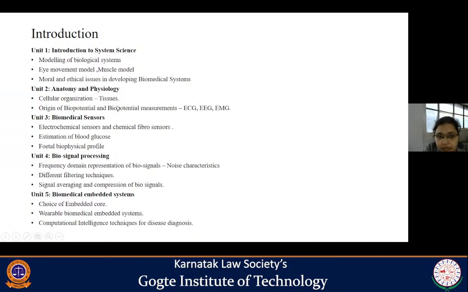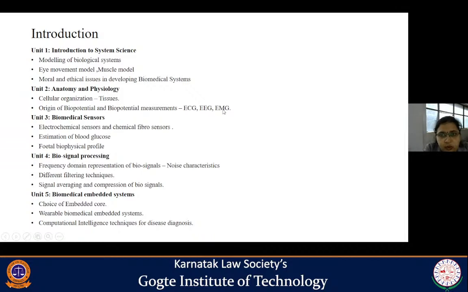Here different biopotential measurement techniques like ECG, EEG, and EMG will be discussed. ECG is the electrical activity with respect to the heart. This is one of the techniques used to detect the electrical activity in the heart. EEG is electroencephalography, with respect to the brain.